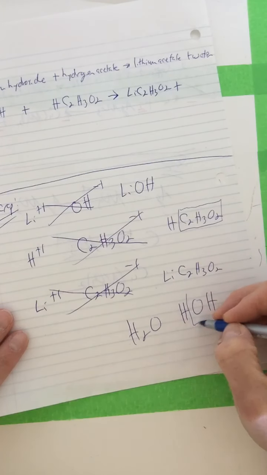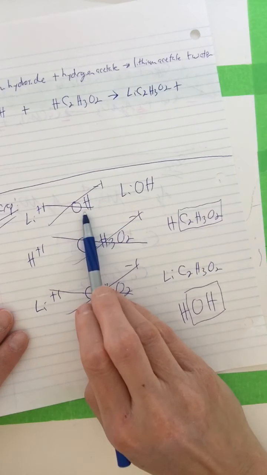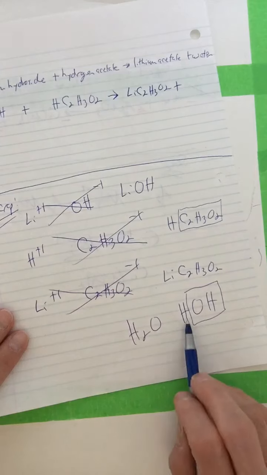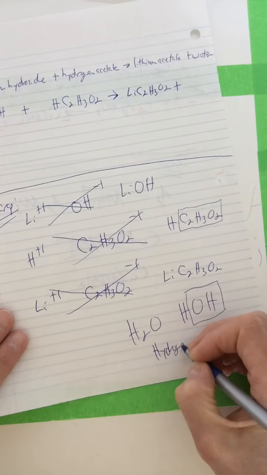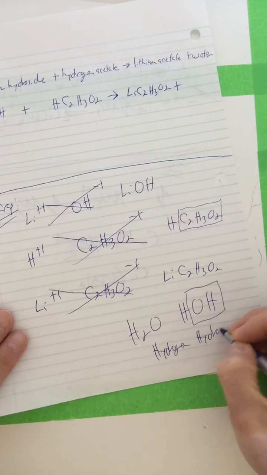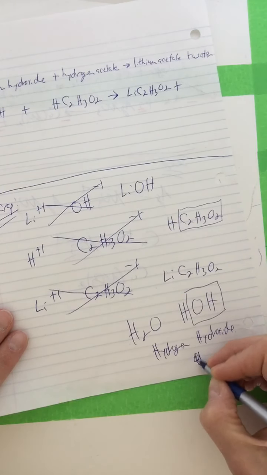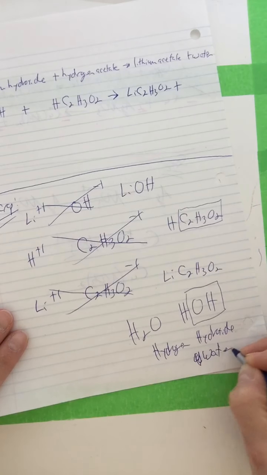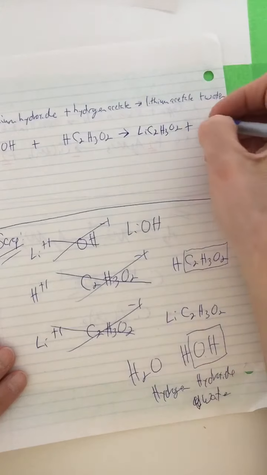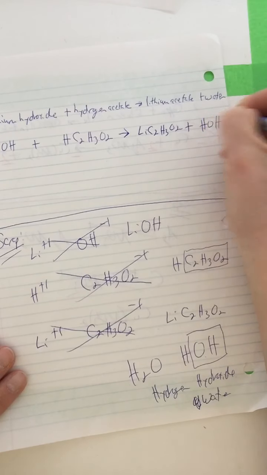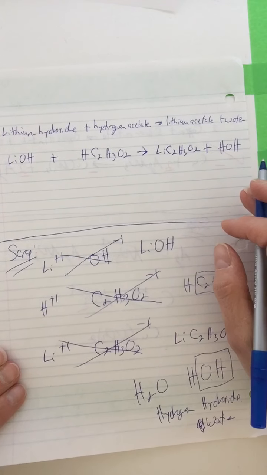Why? Because that OH is the same. This is the hydroxide. This also could be called hydrogen hydroxide. That's water. Sorry. Hydrogen hydroxide. Okay? Because when you look at this, HOH is how I prefer to write water. It's easier when we go to balance these things, okay?